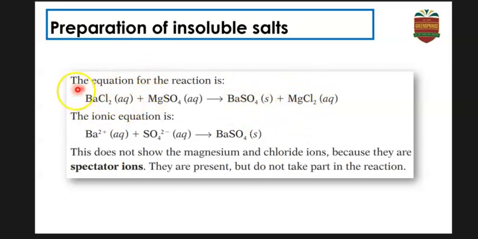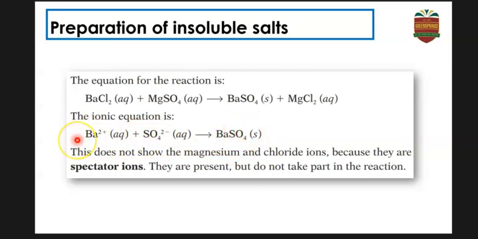But barium ion was a reactant, but there is no barium ion as a product because both barium and sulfate are not dissociated in water. They did not dissolve in water. So their ions are not present, are not solvated in water. So on this other end, barium and sulfate remain as barium sulfate, not barium ion and sulfate ion. So therefore, we are going to retain that in the equation.